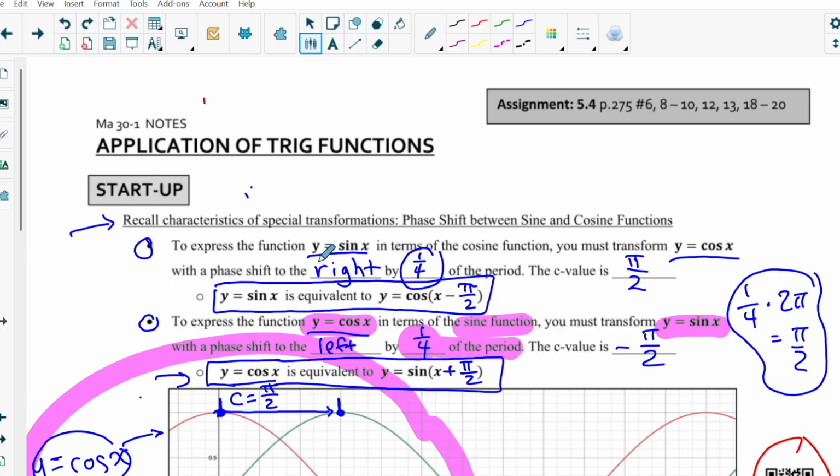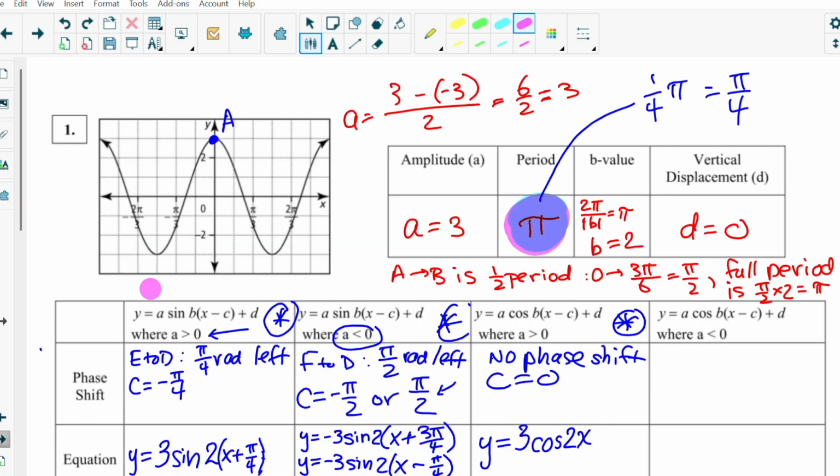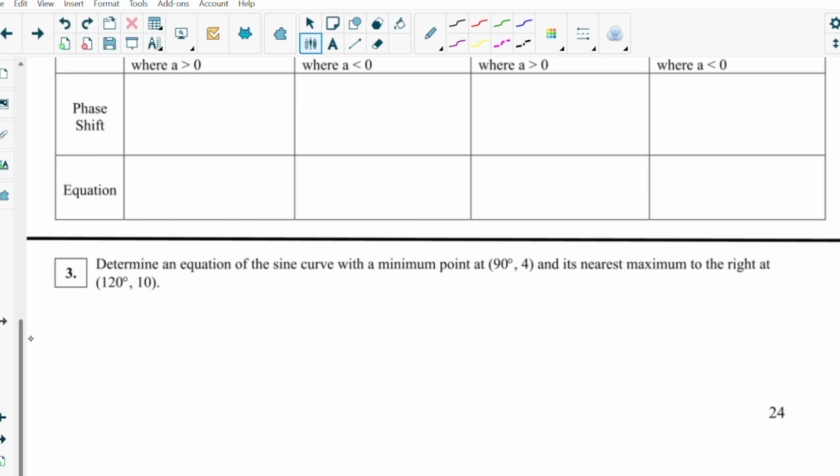so to express the function y equals sine of x, I should start here. Y equals sine of x in terms of the cosine. That's what we're doing, not this part. This is the other way. To express the function y equals sine of x in terms of the cosine function, you must transform the cosine function with a phase shift to the right by 1/4. So that's positive pi over 2 in this case, but 1/4 of the period we saw here is pi over 4. So I need to go to the right by pi over 4 radians.